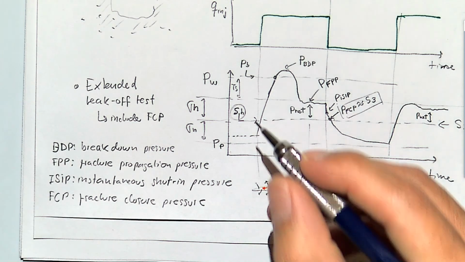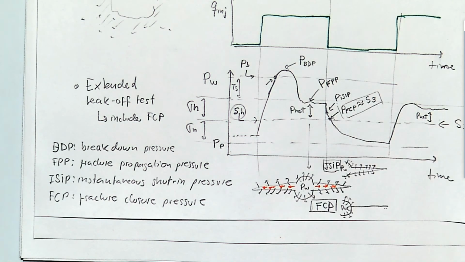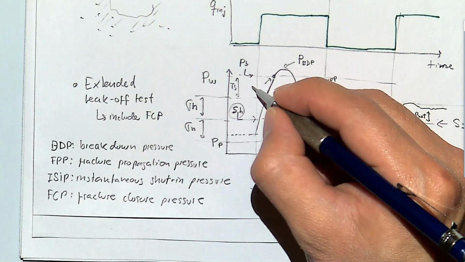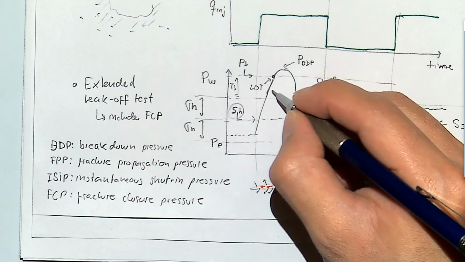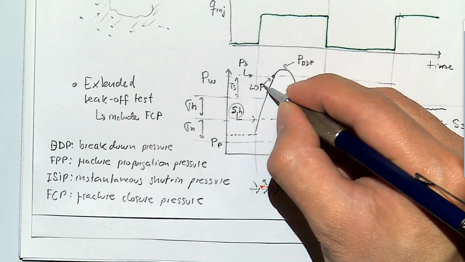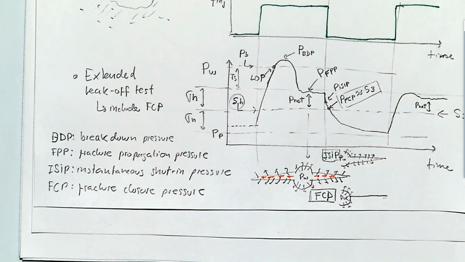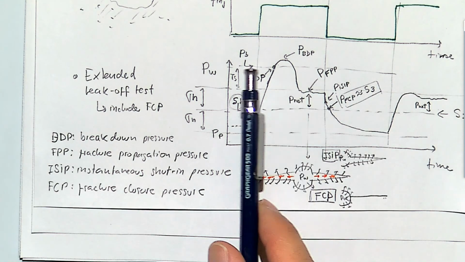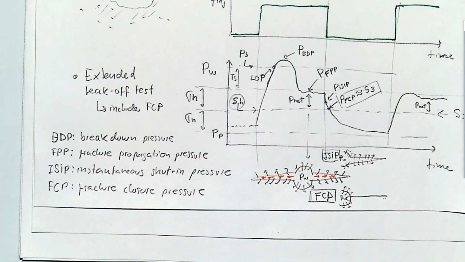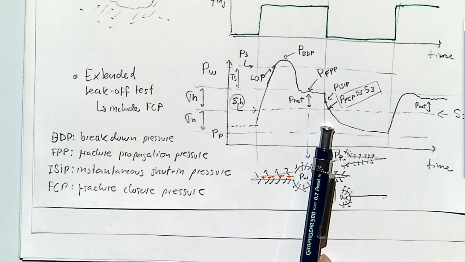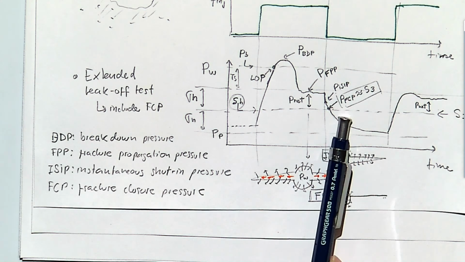Some other notation, for example, calls this one the leak-off point, the point at which you start to open a fracture and this starts to change, going from a line into something which starts to curve. But I'm fine if you remember all of these that I mentioned before. Okay, so let's see how we pick up the fracture closure pressure.